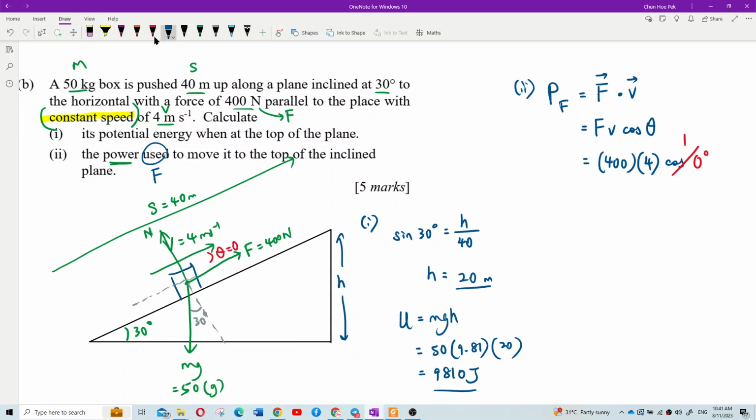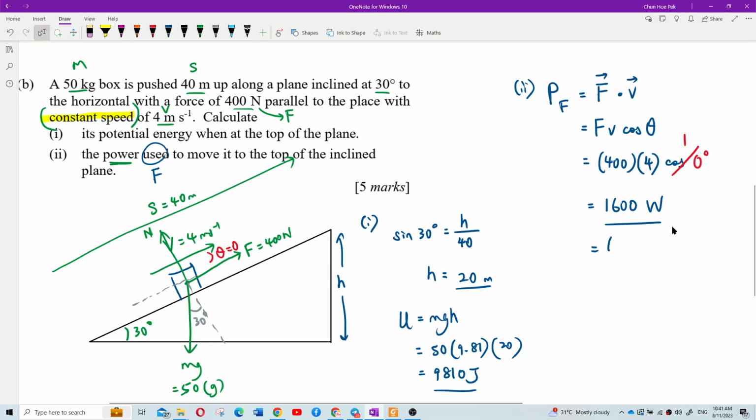So 400 multiplied by 4, so that is a power of 1600 watt. This is a power, not work done. Work done will be more. This is power, that means work done per second.